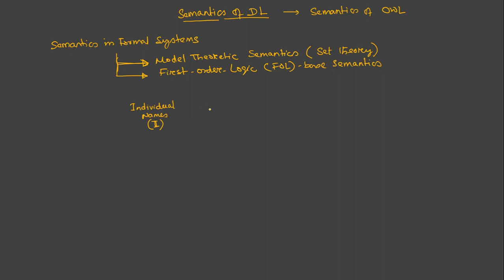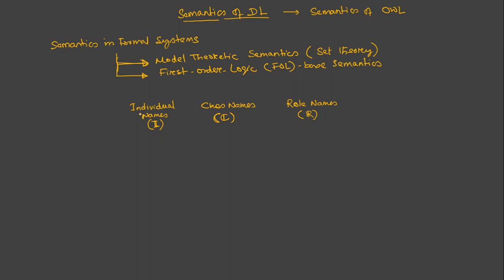We have got the set of class names, and let us represent that with C, but our C is a kind of C like this, right? And finally, we have got the role names, and these role names will be represented as this R, right?